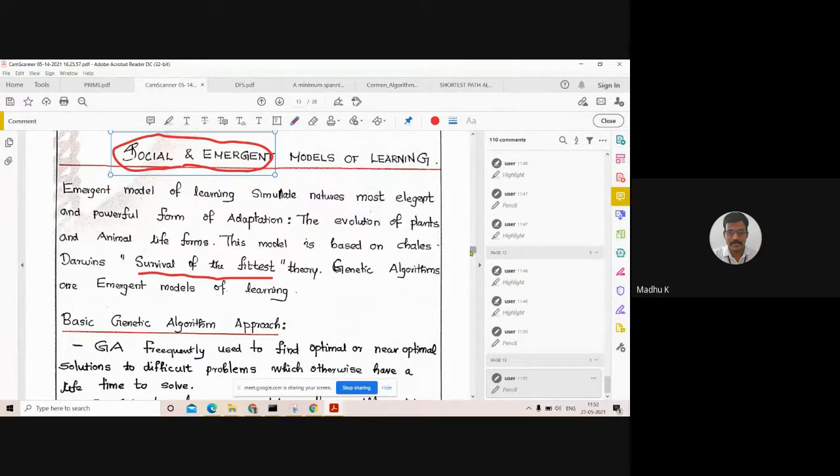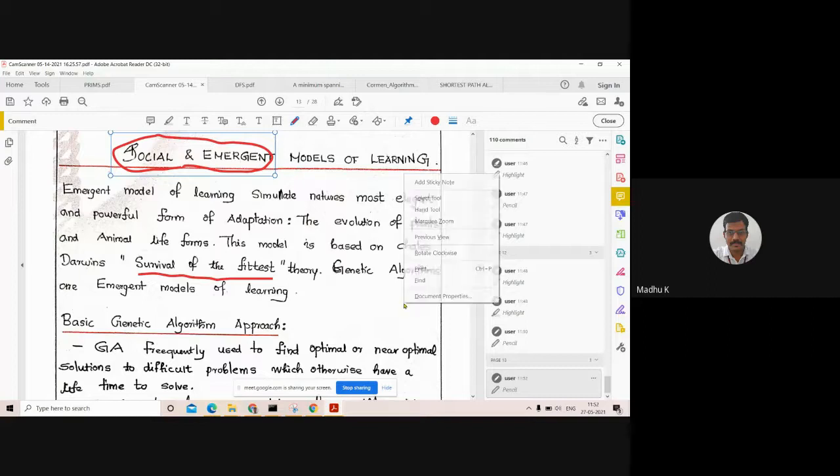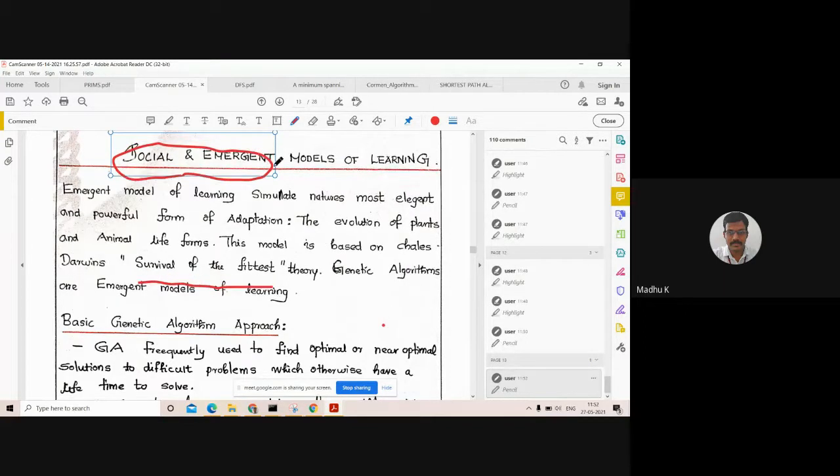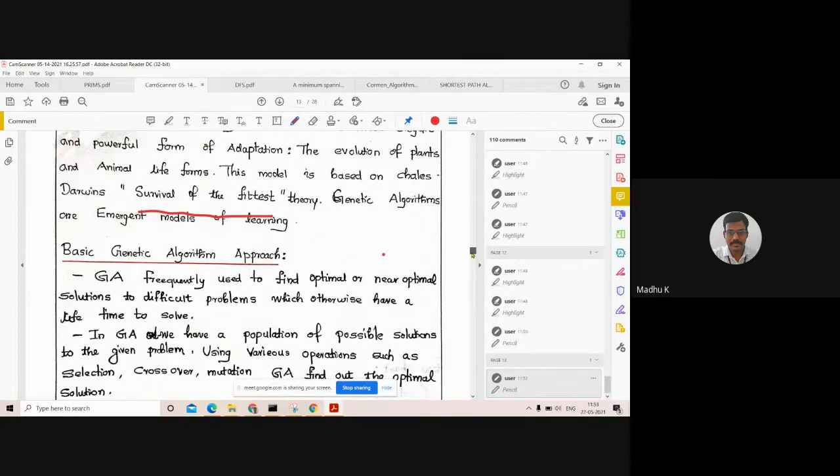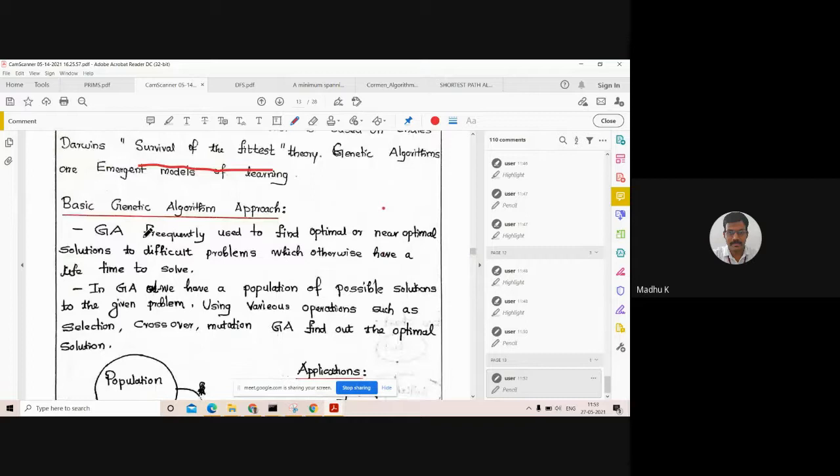Now we are going to discuss genetic algorithm basics. This is also a descriptive topic, so I am moving fast. Social and emergent model, then the basics of the genetic algorithm approach. In the first part, what is the use of a genetic algorithm approach?